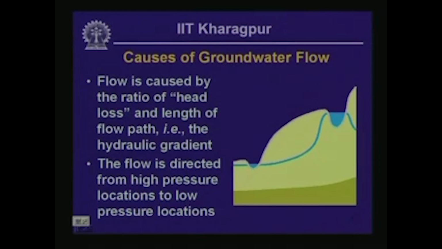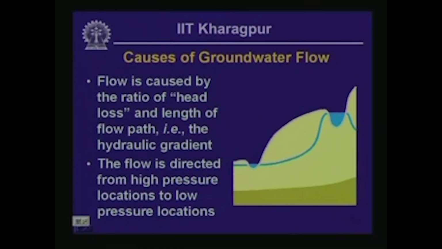Let us say we have got a section where we have got a mountain stream that is running. We are showing a cross section here. Actually, we have got a mountain stream towards the right of this particular sketch, and we have got another stream running parallel to the previous one, but at a lower elevation towards the left of this sketch. Okay.